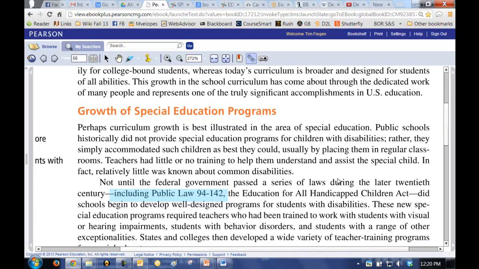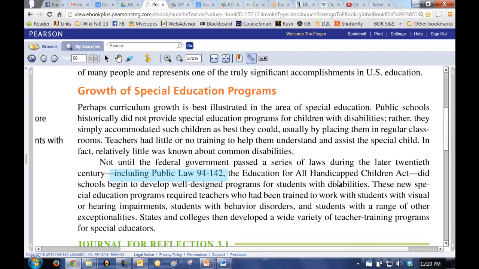And then the growth of special education programs. Number one was 94-142, and that's what you want to bring in your notes, the Education of All Handicapped Children Act. And if you've had an Intro to SPED course, the SPED 100 course, certainly you know what that is, but it was the first real sweeping federal piece of legislation that said all kids were entitled to a free, appropriate public education, a FAPE, regardless of disability, because at the time we still had a sector of students that were severely disabled that we'd said couldn't be in our schools.